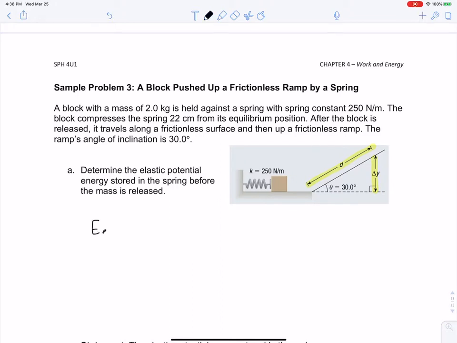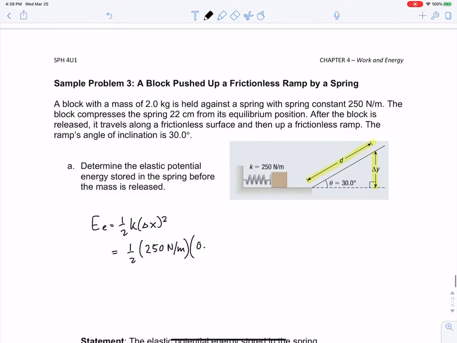So this elastic potential energy is 1/2 k delta x squared. That's 1/2, spring constant is 250 newtons per meter, and it has been compressed 0.22 meters. If we punch this in, we get 6.1 joules of energy.